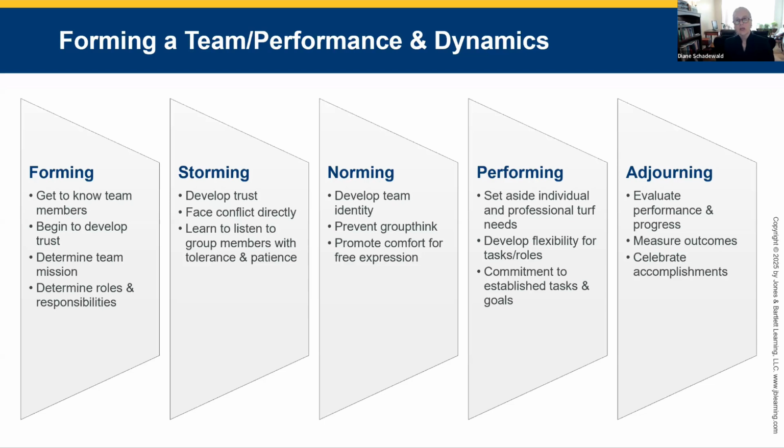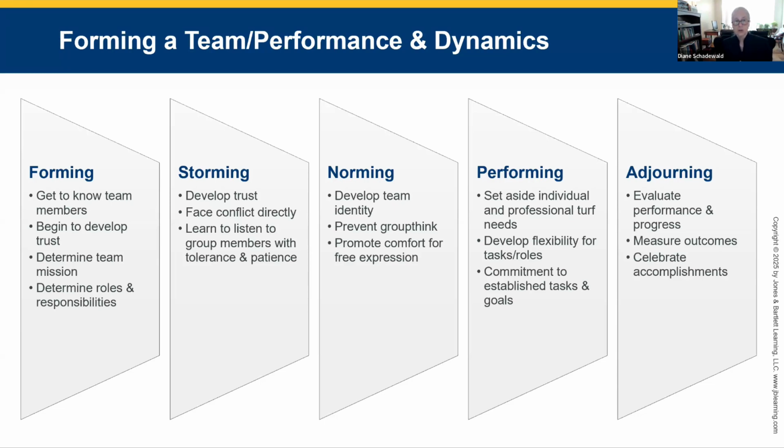And in this norming phase, though, you want to make sure that there's not groupthink where, okay, the cardiovascular team thinks this way and that's the way we all think. No, different members can have different perspectives, and that's reflected in that third bullet point about the norming stage. You want to promote comfort for free expression. And so that's really important for the team to be successful.